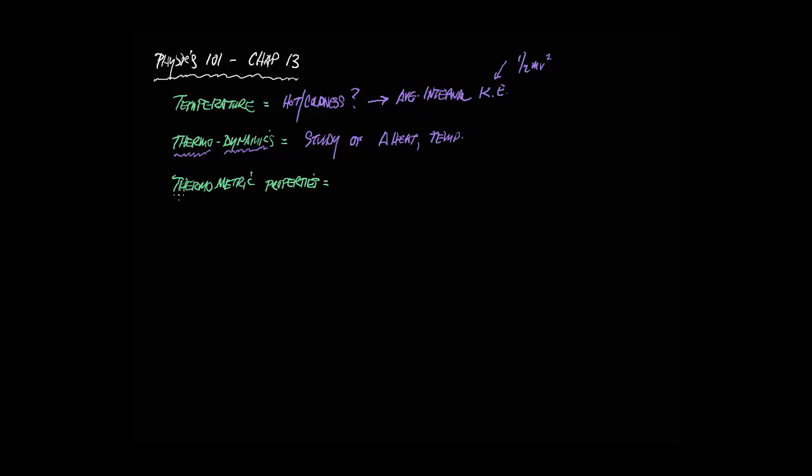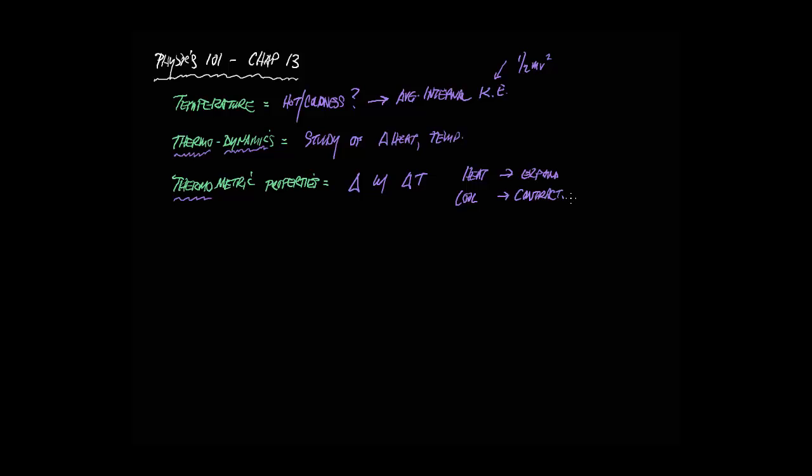Thermometric properties, again, there's that heat or temperature, are properties that change with a change in temperature. And the most common one that we see is usually when we heat things up, they tend to expand, and when we cool things off, they tend to contract.